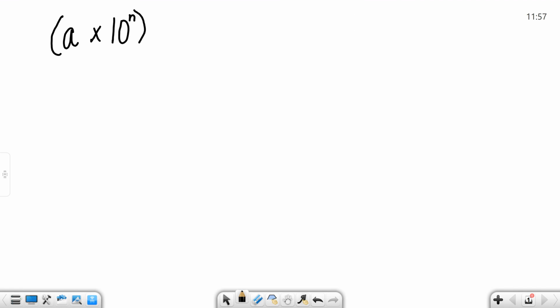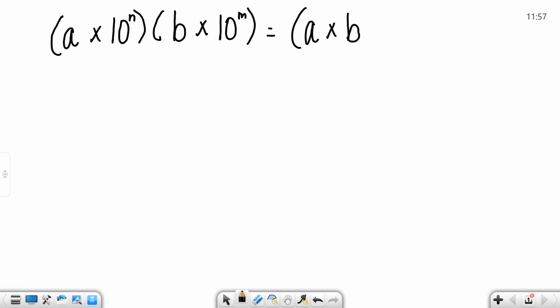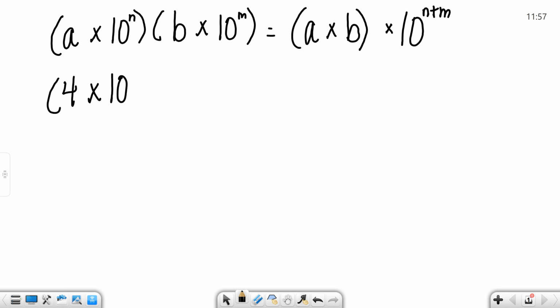So if I have some number that is in scientific notation and some other number that is in scientific notation also, and we're multiplying those two scientific notation numbers, all I have to do is multiply the numbers that are out front, the a times b, okay, that gives me a number, and then times 10 to the, and add our exponents. Okay, so for example, if I have 4 times 10 to the 5th, that is a 5.